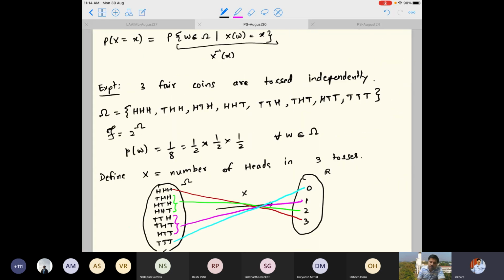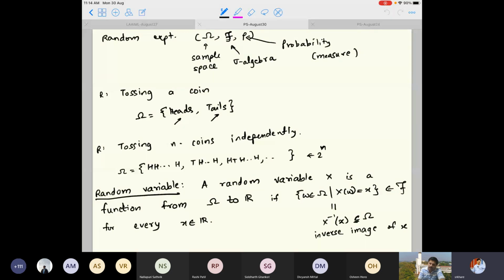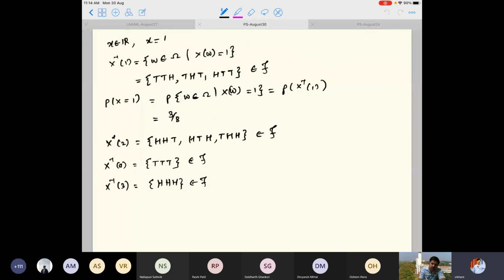And now you see the careful definition of this random variable. It says that for every real number x, this should happen. So what is X inverse of 3.7? This is an empty set.